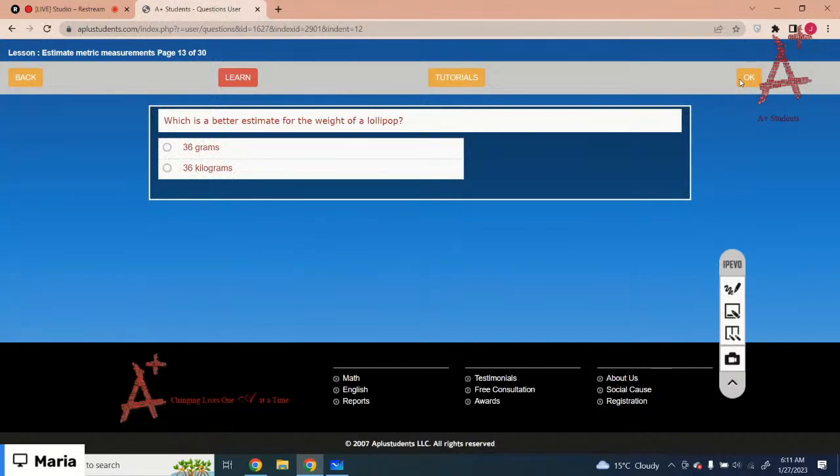Which is the better estimate for the weight of a lollipop? 36 grams or 36 kilograms? It is 36 grams. Got it? Because 36 kilograms is too heavy.